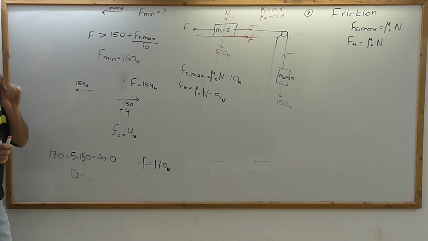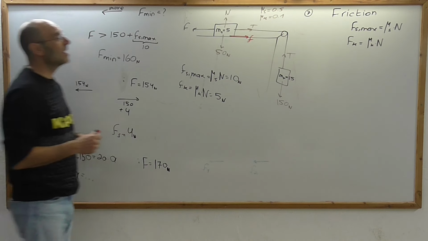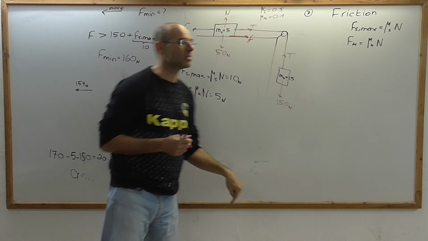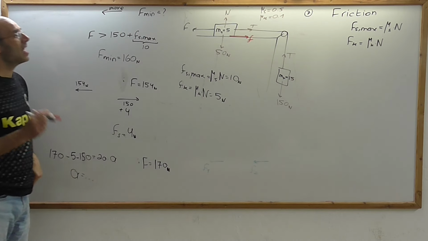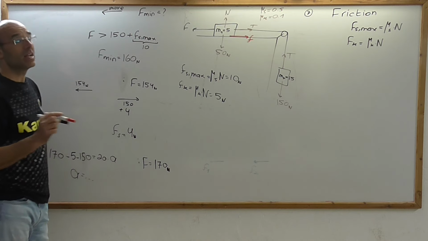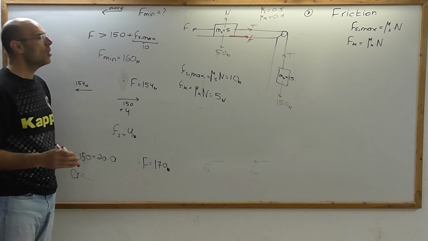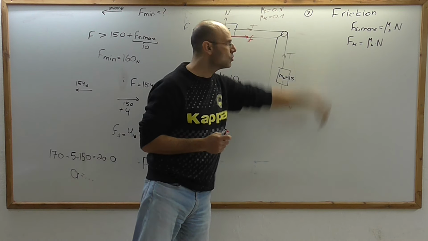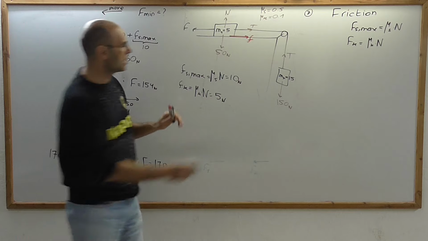Now another interesting question. What happens if I want the system to accelerate in the opposite direction? What F do I need? But let's think if it's maximum or minimum. What F do I need in order for this system to go this way? So it's another question.